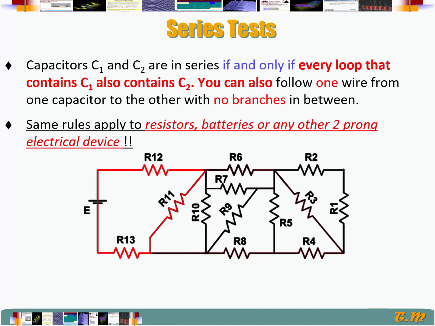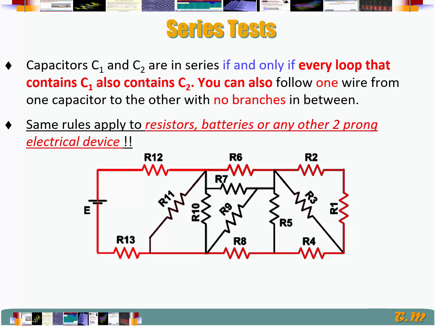Okay, let's try another one. Okay, this one has R12, R6, R2, R1, R4, R8, and R13, and the battery. And actually, I can go through every possible loop that I can draw here, and all of them are going to include R12 and R13. Then I can conclude that R12 and R13 are in series.